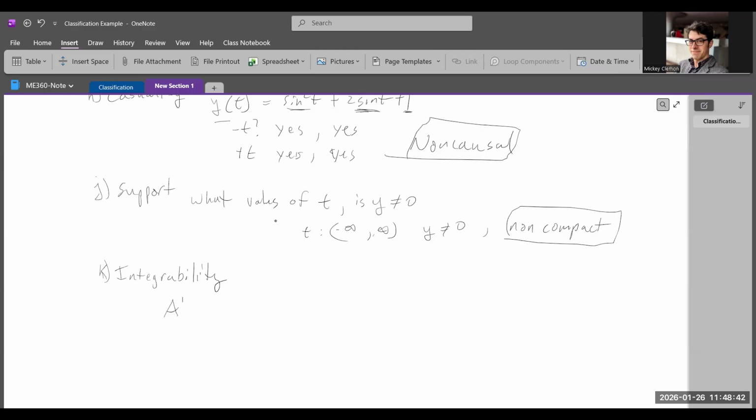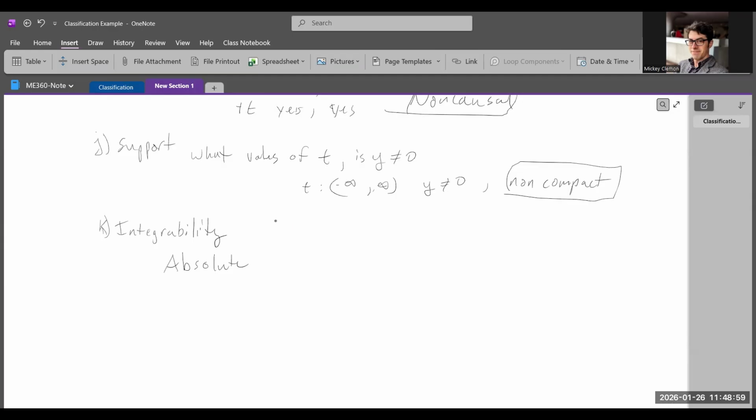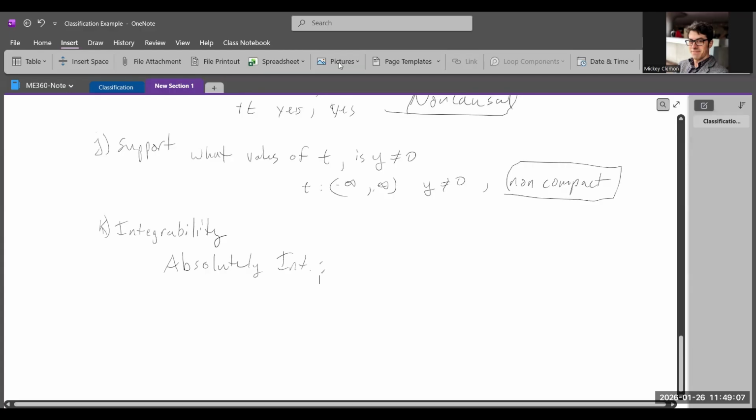So we want to check absolute integral. Is it absolutely integrable? And we want to check square integrability. So those are the two things we're going to check here.